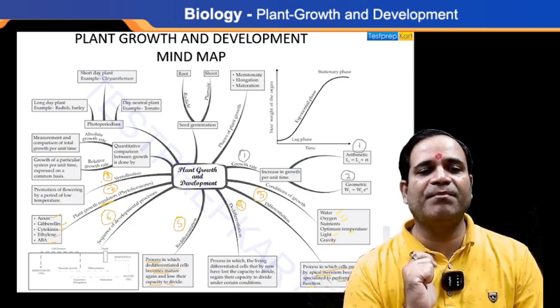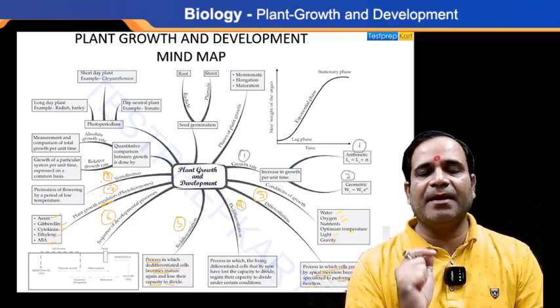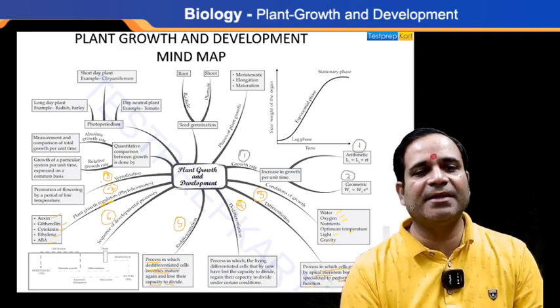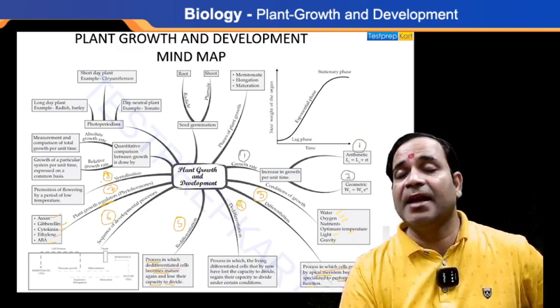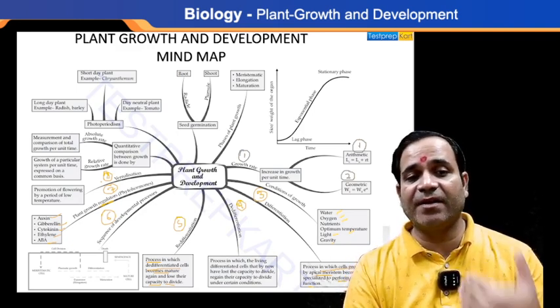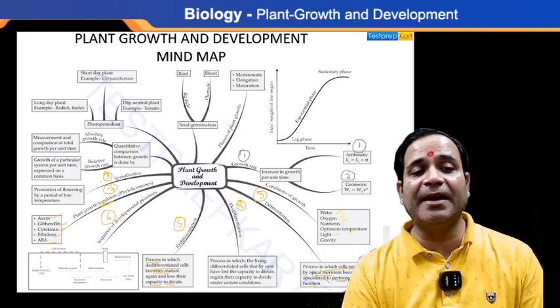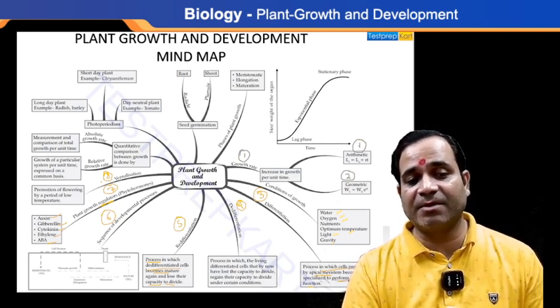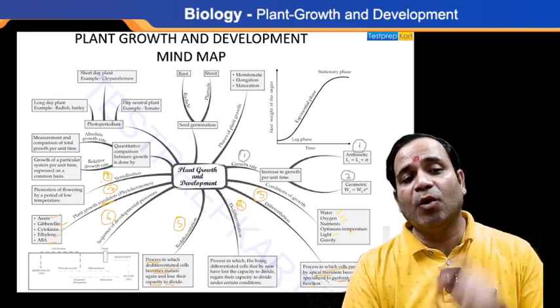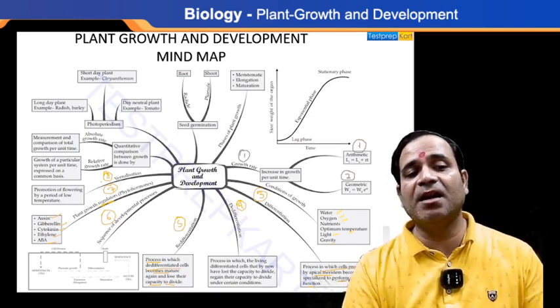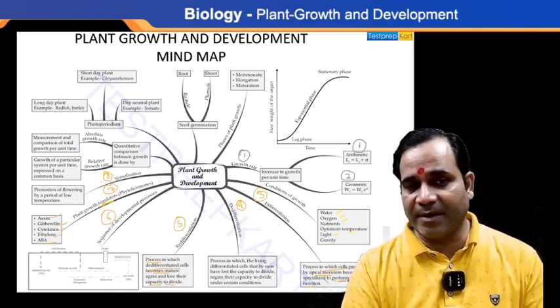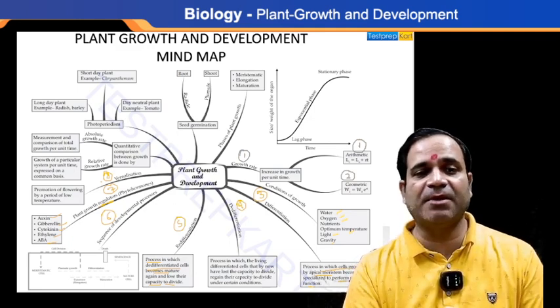Whenever the plant is promoted to flower by a period of low temperature, my dear, then it is known as vernalization. And also know that during vernalization, they don't require too much temperature; even low temperature is capable of promoting flowering, my dear, basically in angiosperms.